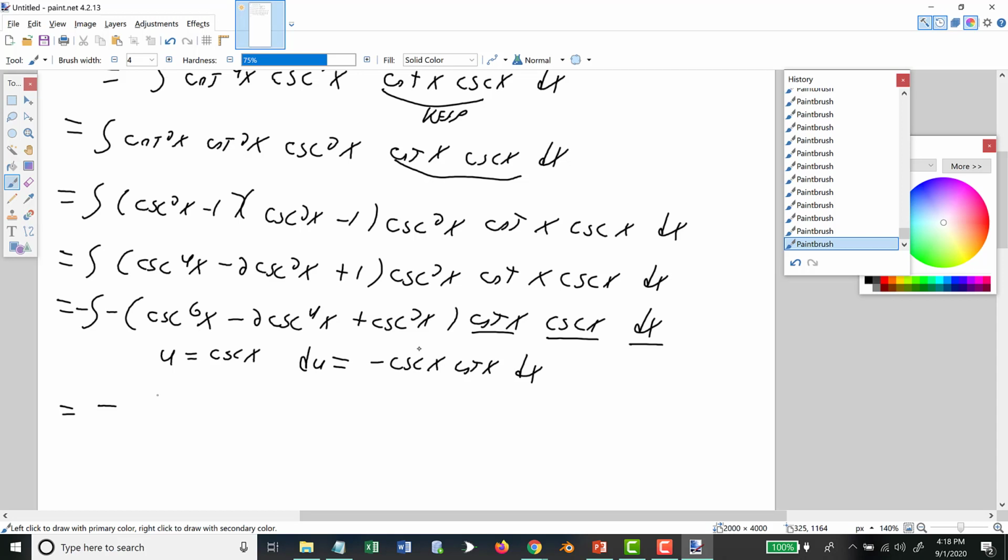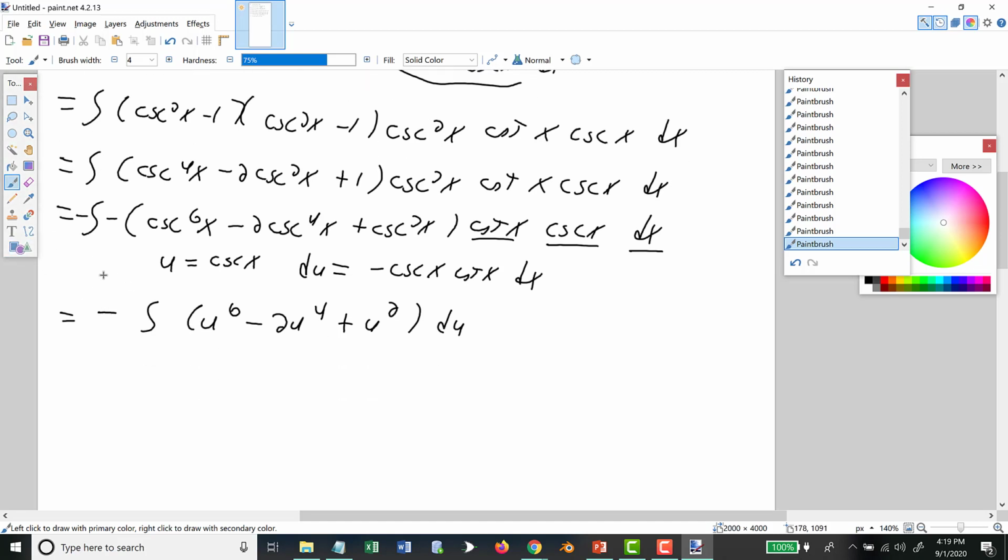So then this becomes negative the integral of u to the 6th minus 2u to the 4th plus u squared. That's from all this. And all the rest of it becomes du. Okay, so I've got a negative here. Add 1 to my power, divide by my new power. Add 1 to my power, divide by my new power.